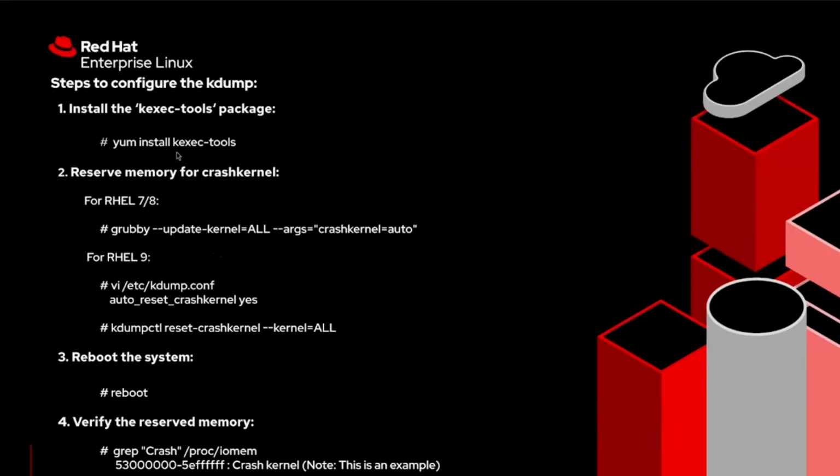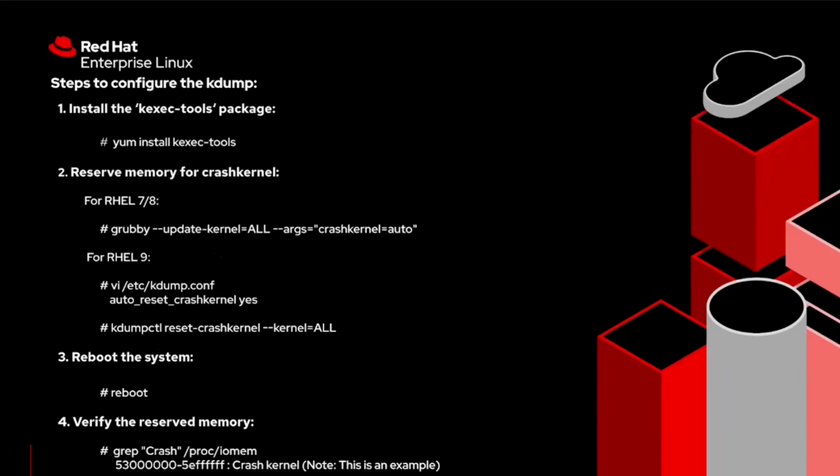Let's see the steps to configure the Kdump. First, you need to install the kexec-tools package and then reserve the memory for the crash kernel. If you are configuring the Kdump on RHEL 7 or 8 systems, you can add the crashkernel parameter using the grubby command. If you are configuring the Kdump on RHEL 9 systems, you can add the auto_reset_crashkernel=yes line in the /etc/kdump.conf file and then save it.